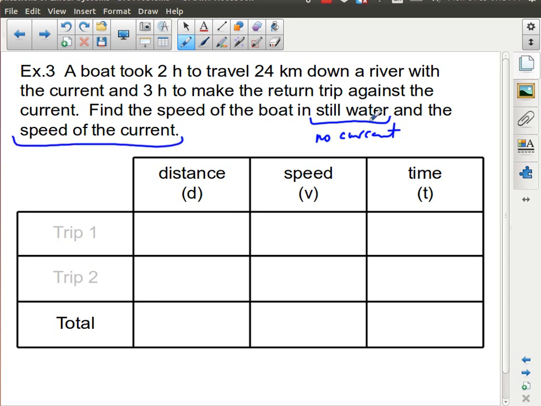So that gives us an idea of what our variables might be. So let's take a look. Our first trip was downriver, and that means with the current. Our second trip was upriver, and that means against the current.